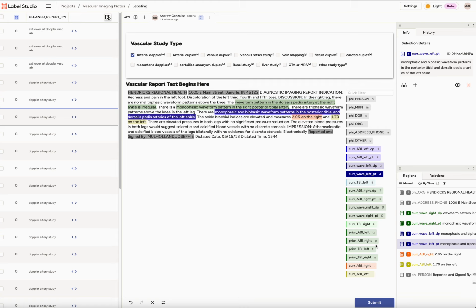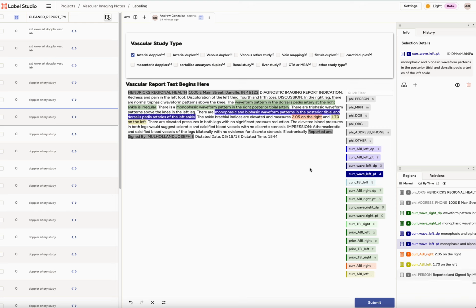For the PT, you're going to label that, and then you're going to choose the highest one. When we eventually train a model to summarize this, one question is: is the model actually doing the math, calculating it based on the pressures, or is it accurately selecting the highest pressure? For us to know that, we have to have both labels. So that's why you have to do both of them.